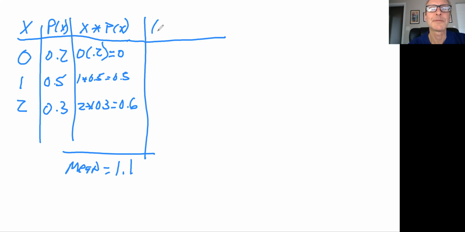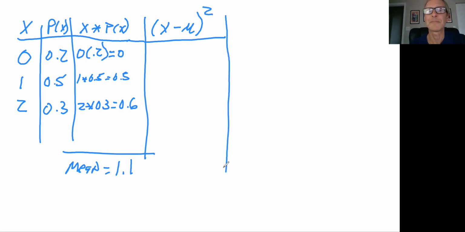It was x minus the mean, squared. And so I usually set that up that way. And then you need to multiply it by its probability function. So it would look like this, times p of x.